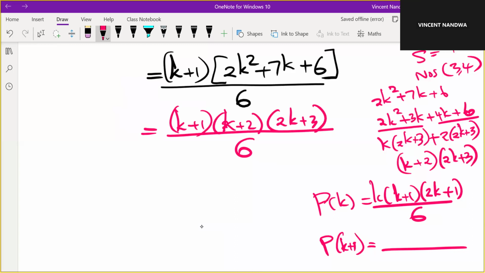What should be the first thing to write on the numerator? k plus 1, which takes the place of k. And then the second bracket: where there's k, you put k plus 1.